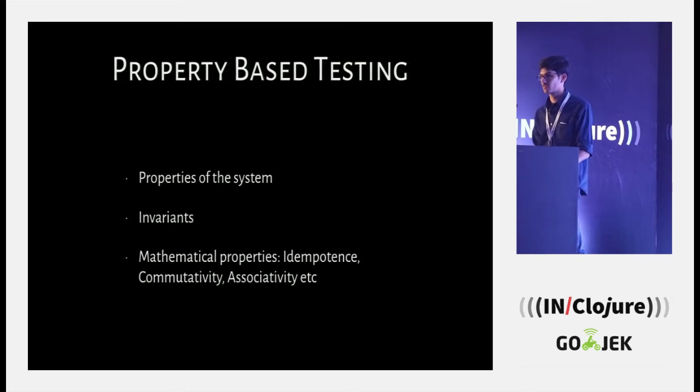For addition, you can think of these properties, but most often your system also has these properties, although they seem very algebraic. Think of a payment system: you probably want your payment to be idempotent, and you don't want to double charge your customer if the request happened twice. Some of them may be commutative and associative, some of them may not be. All this you can test using generative testing, by explaining the properties of your system in the test and validating against them.